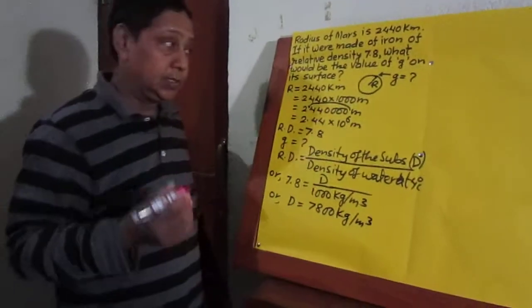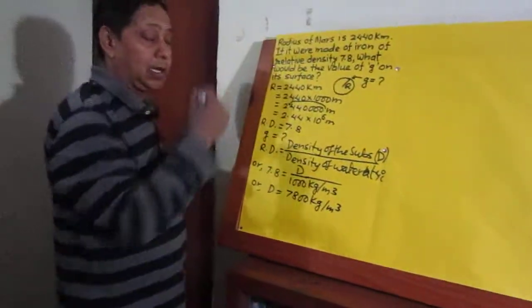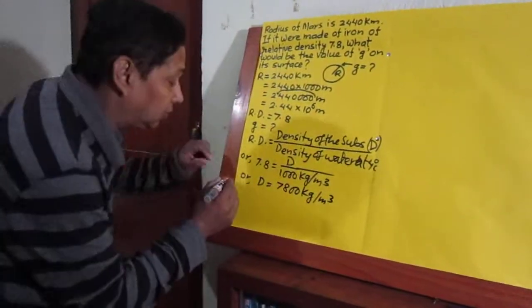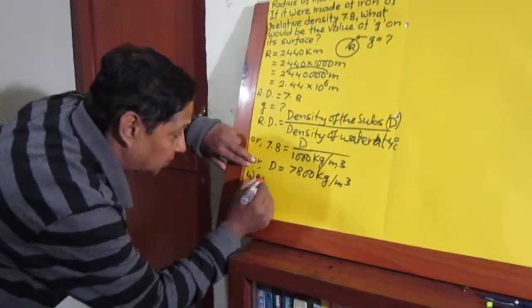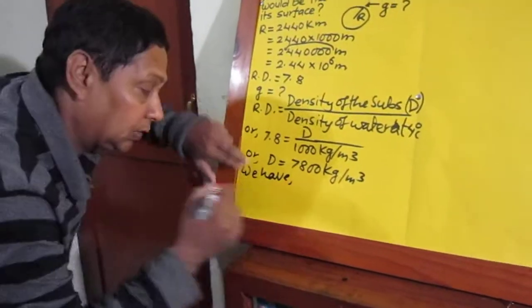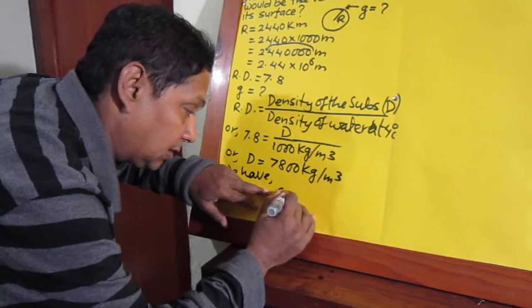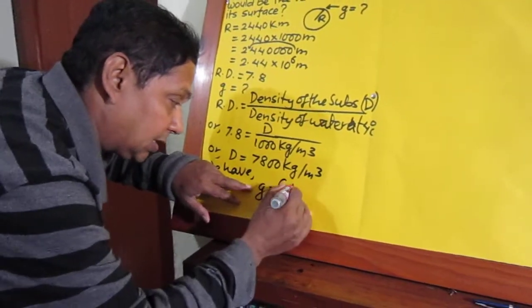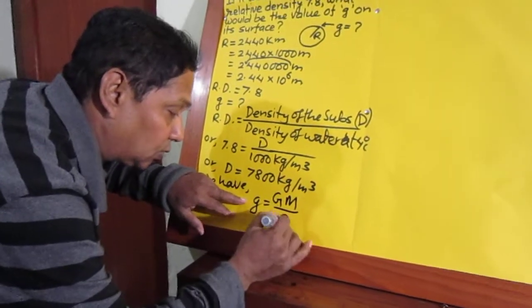Now after this, let's go through the acceleration due to gravity. The equation we are using is g equal to capital G capital M by R square.